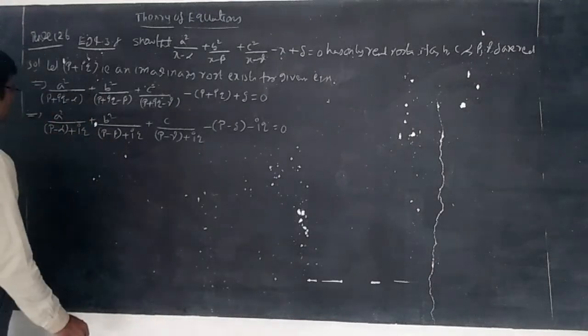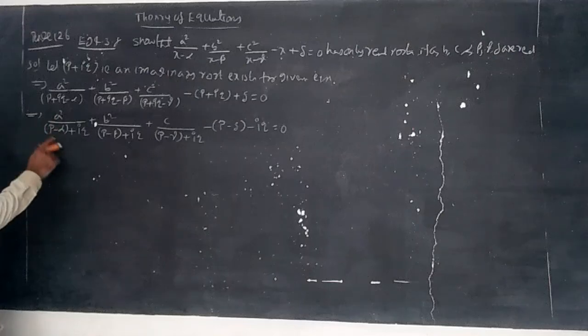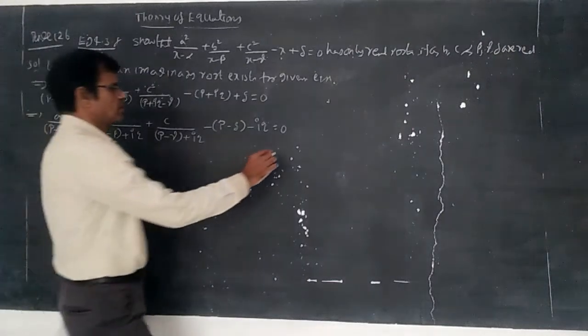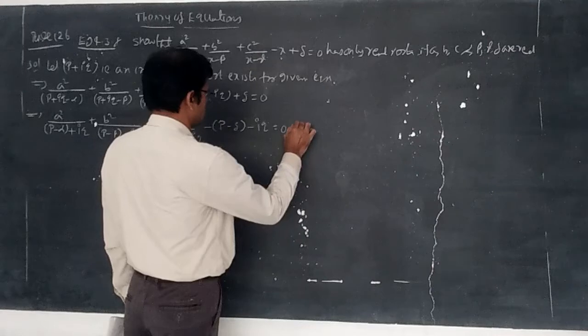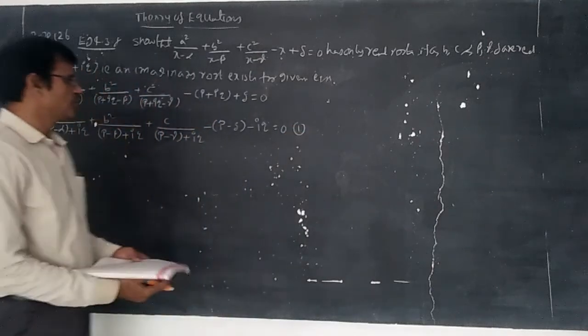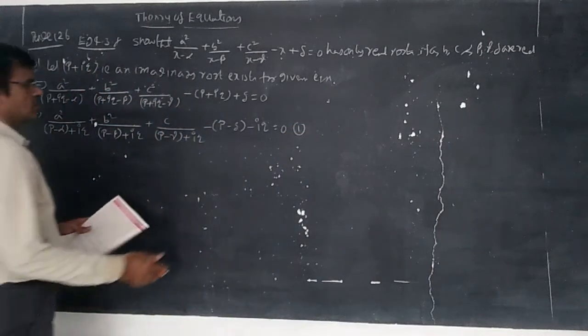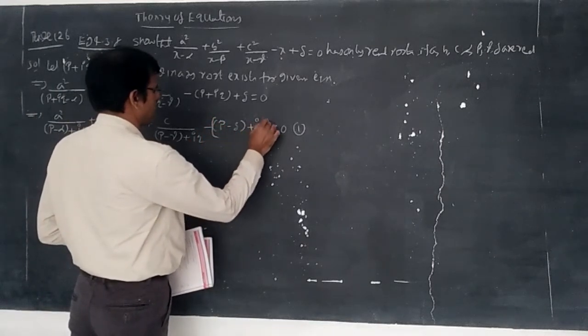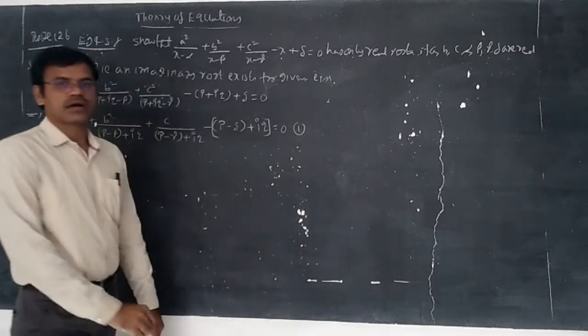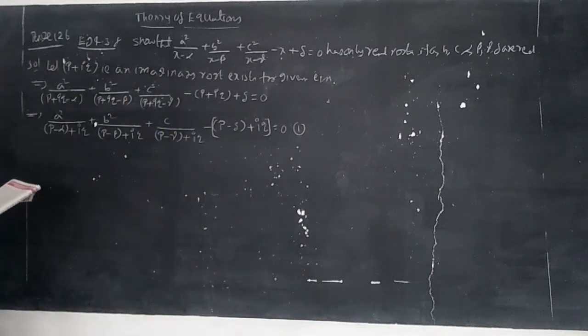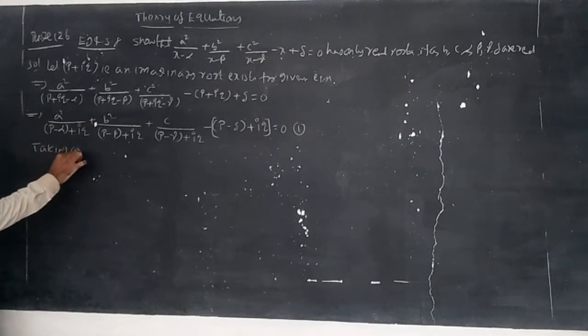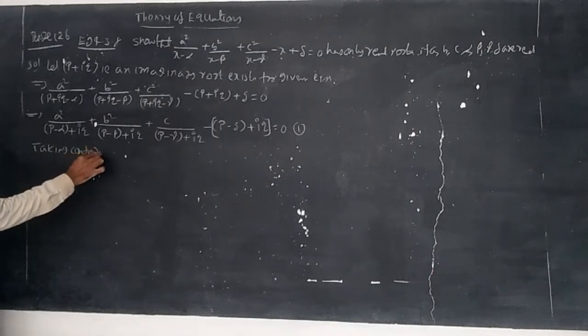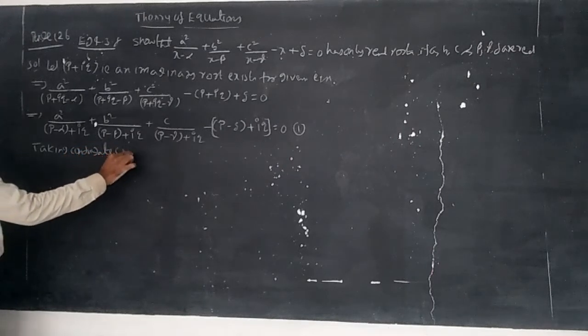If we take the conjugate, let this be the first equation. This is 1. Taking the conjugate of the complex number, p minus delta plus iq.